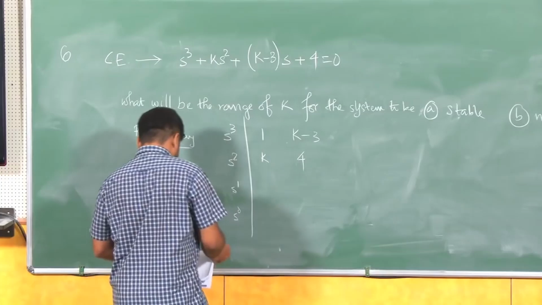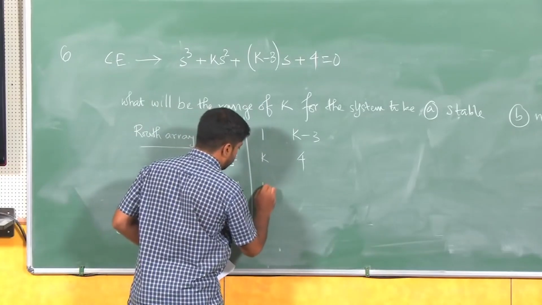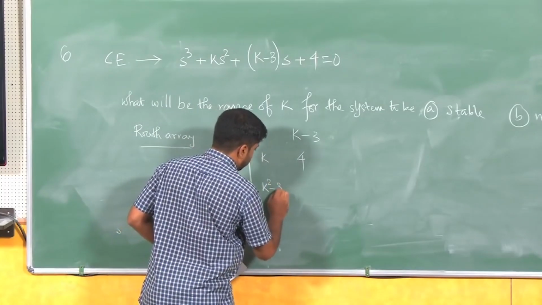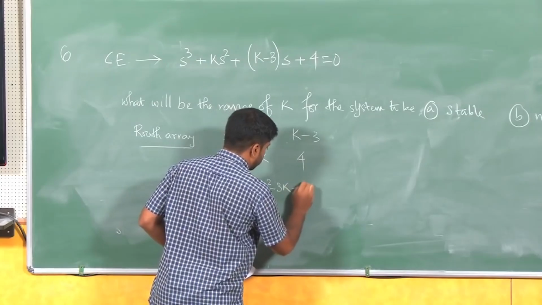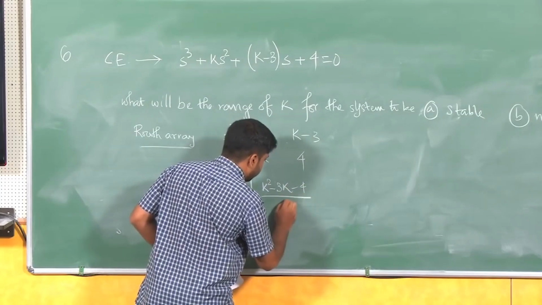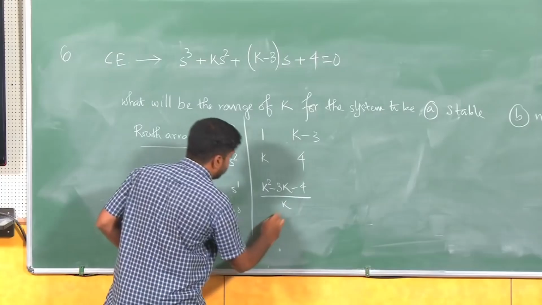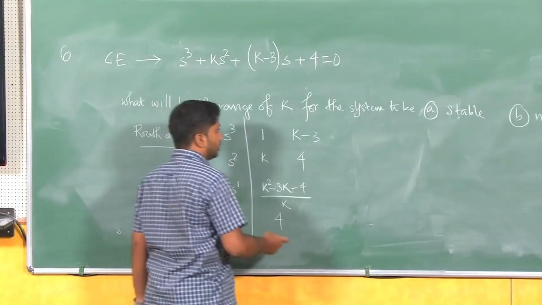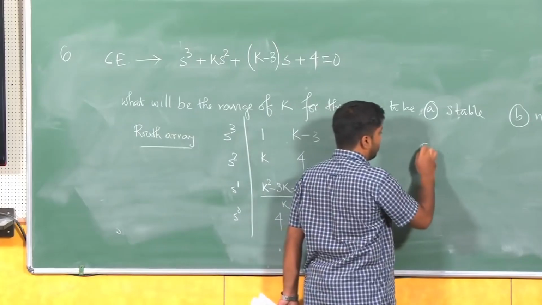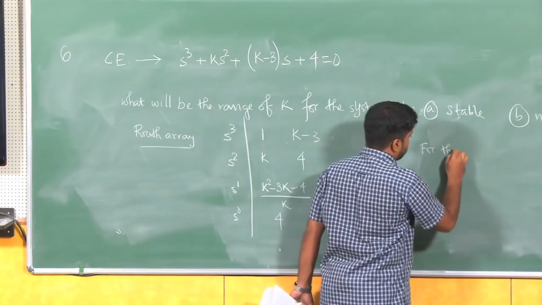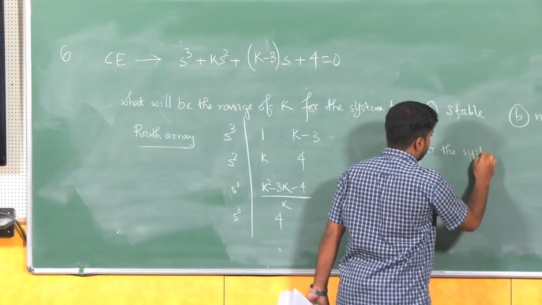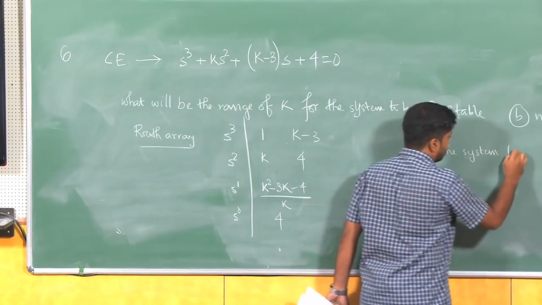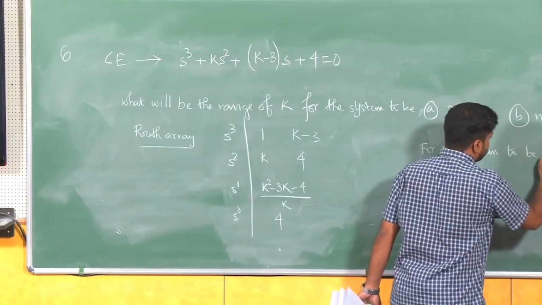So, this term will be (k square minus 3k minus 4) by k and this term will be 4. So, for stability, the conditions will be for the system to be stable.